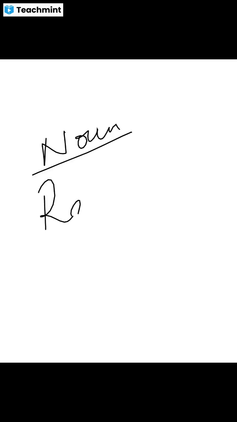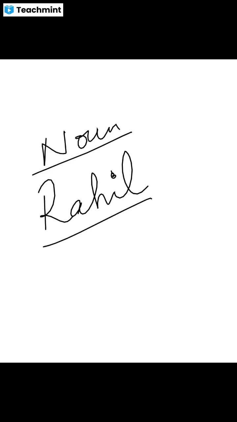So, for example, if it's a noun, take any name. For example, let's take Rahil. Rahil is a noun and is singular. So whenever we are asked to show possession with the name Rahil, what do we do with singular nouns? We put apostrophe here and we write s. This shows you the possession with singular nouns.